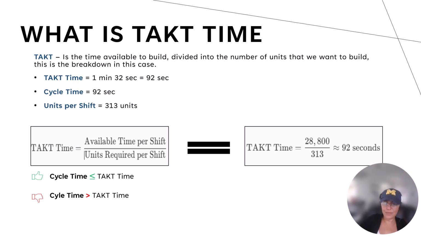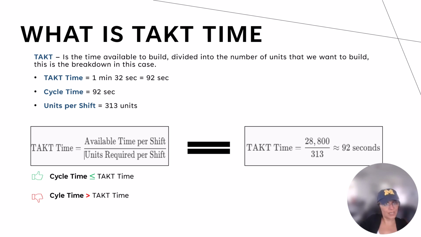Cycle time is the actual time it takes to complete one unit. This process takes 92 seconds to complete one unit, which does match our takt time. So if cycle time is less than or equal to takt time, you're in the clear. It means you are meeting target or even ahead.